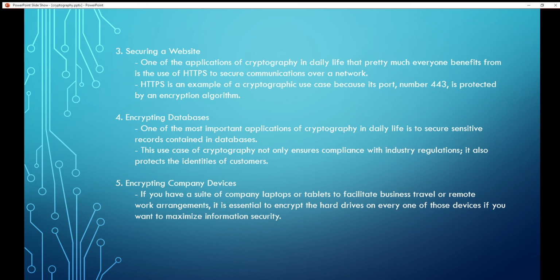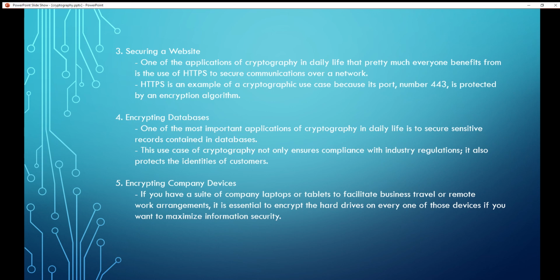Encrypting databases. One of the most important applications of cryptography in daily life is to secure sensitive records contained in databases. This use case of cryptography not only ensures compliance with industry regulations, it also protects the identities of customers.